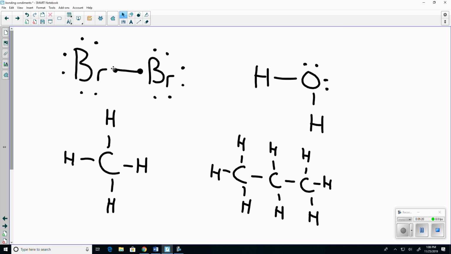After all, bromine had 7 to start with. So if I cover up the bromine on the left and look at only the bromine on the right, it has 2, 4, 6, 8 electrons around it. It has this bonded pair and what I call 3 unbonded pairs. If I look at the bromine on the left, same thing. 2, 4, 6, 8 from the bonded pair.